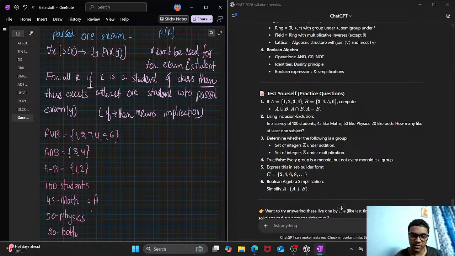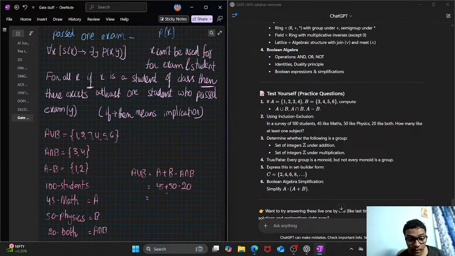So A is the number of students who like math, B is the number of students who like physics, and A intersection B is the number of students who like both. So the total number of students is A union B, A plus B minus A intersection B, right? 45 plus 50 minus 20. That is 75.